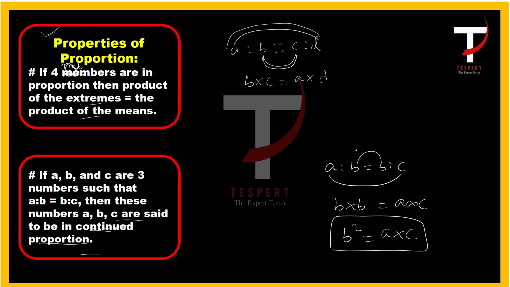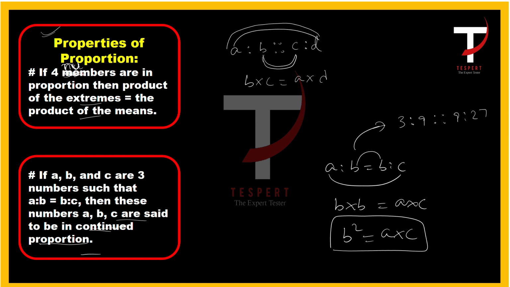In numerical form, we can write it like this: 3 is to 9 as 9 is to 27, right?